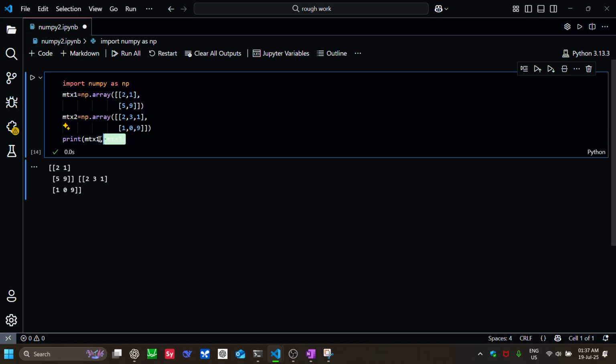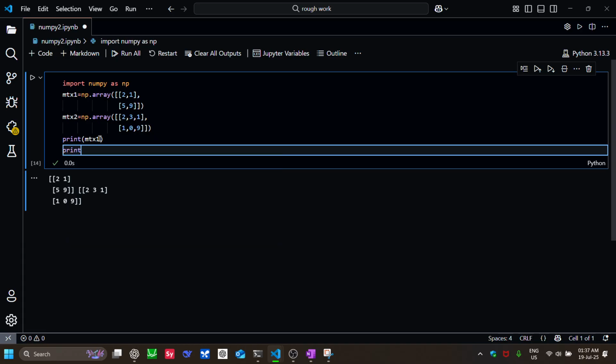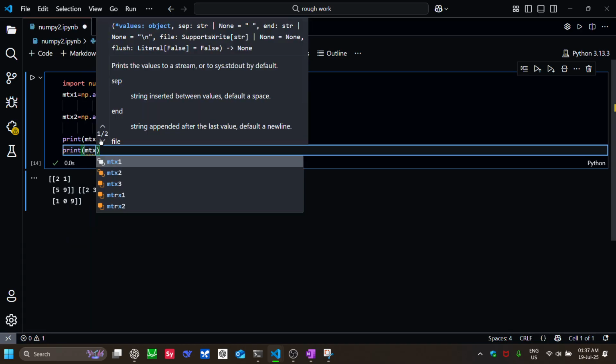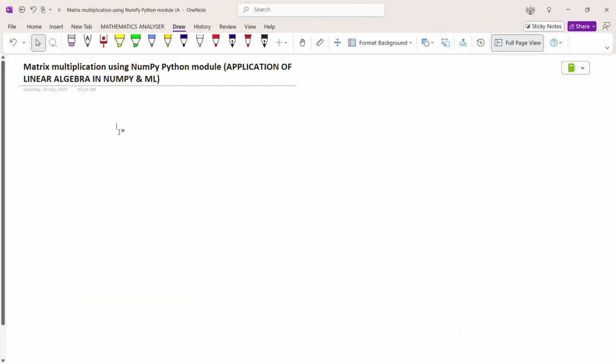Let's run it in different ways. Print matrix 1, matrix 2. As you can see, it is exactly a matrix. Let's write it down.